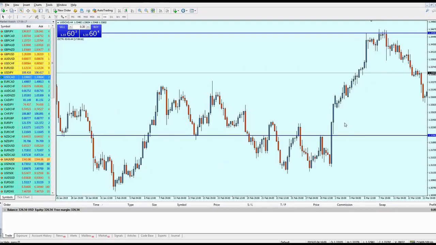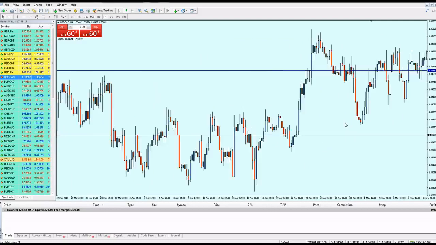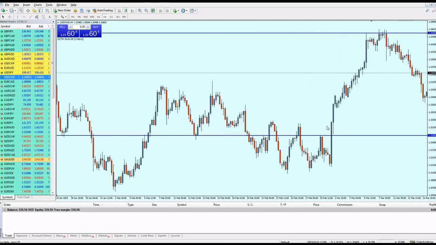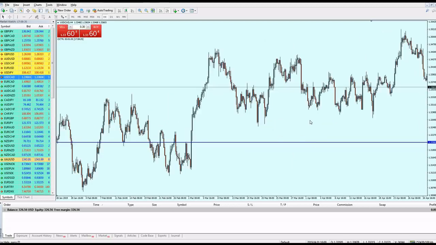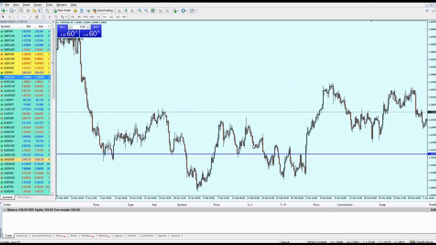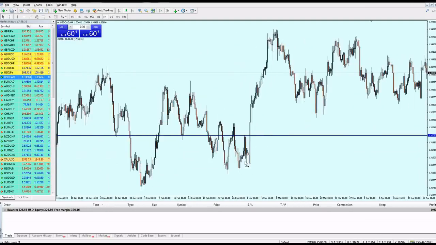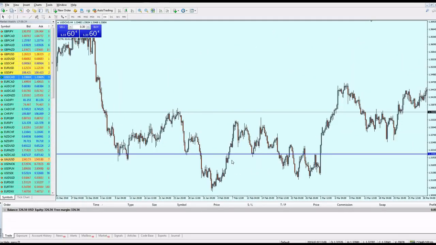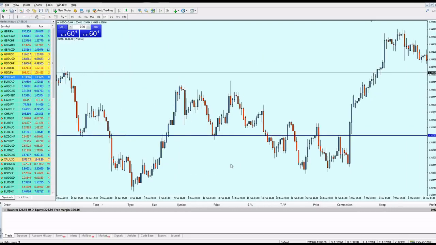Now let's go more and show you something. Let me erase this one. I think the candles never came back to the same level again. But anyway, let's do something else as we are doing this educational material.